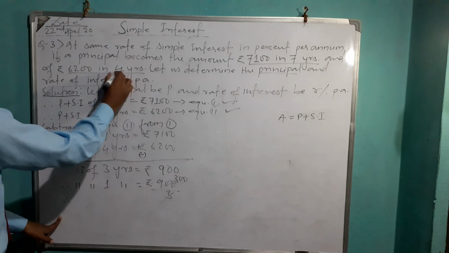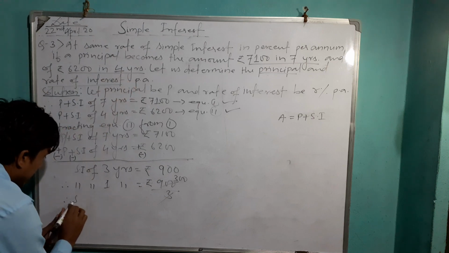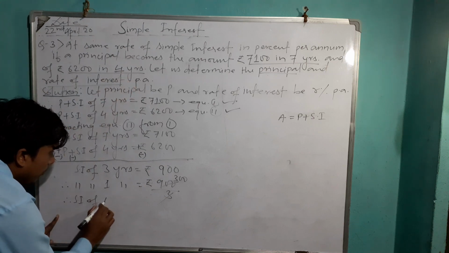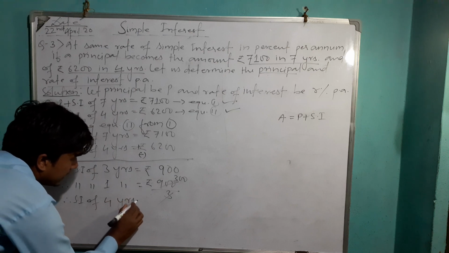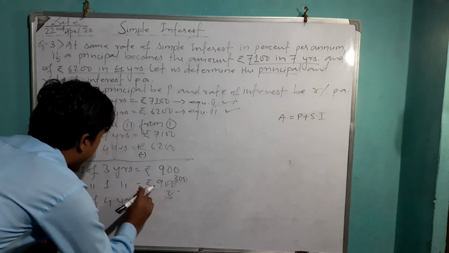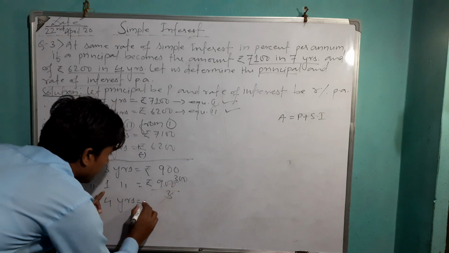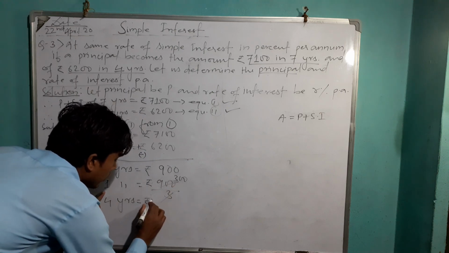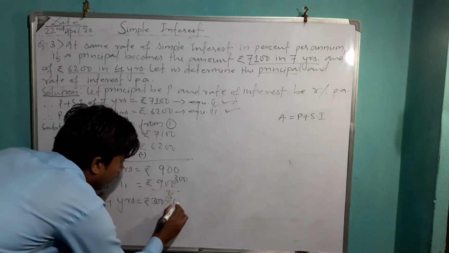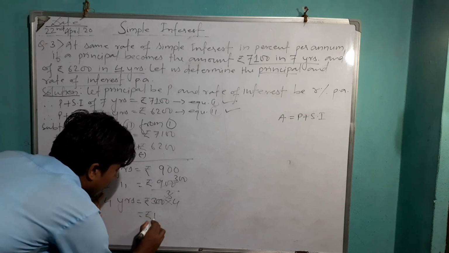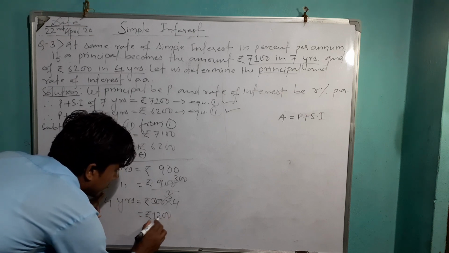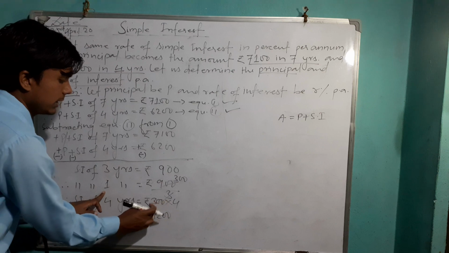I am going to take 4 years. So SI of 4 years: for 1 year it is 300, for 4 years it will be more, so rupees 300 into 4, which is rupees 1,200, since 4 3s are 12.